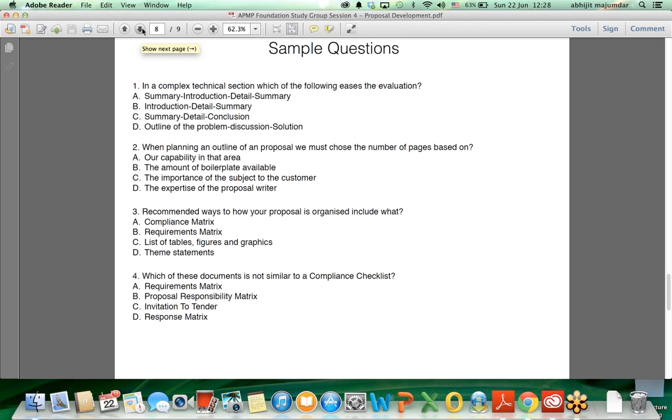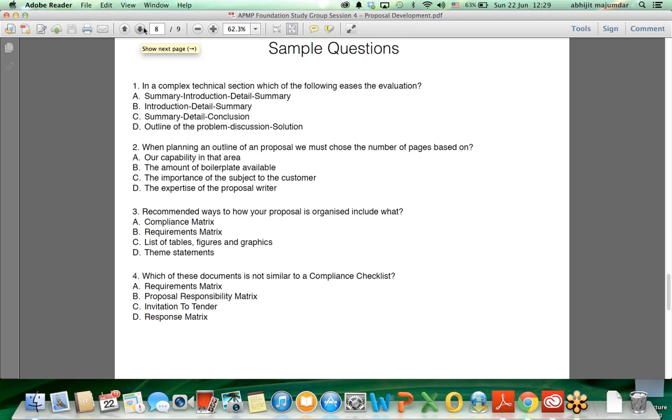Recommended ways to show how your proposal is organized include what? How do you show the evaluators how your proposal is organized? Is it your requirements matrix, or your compliance matrix, or the list of tables, figures and graphics, or the theme statements?